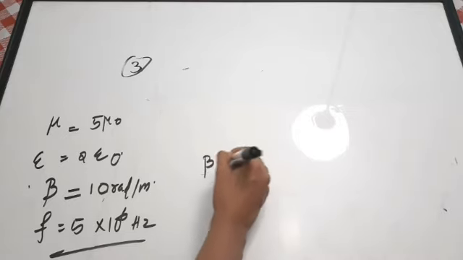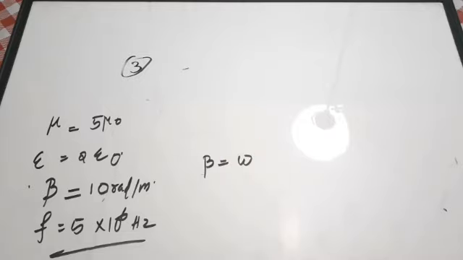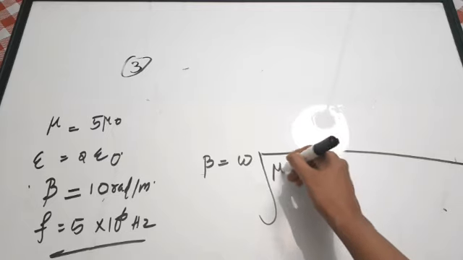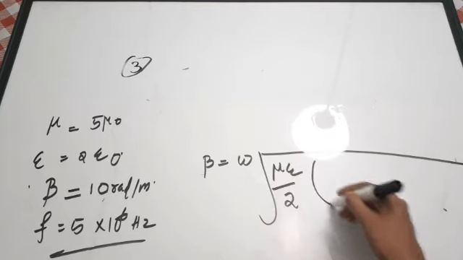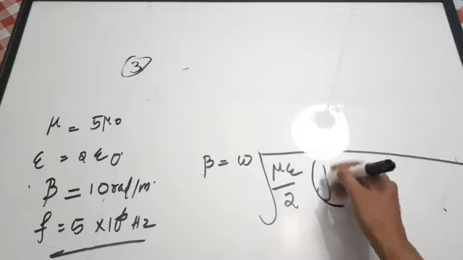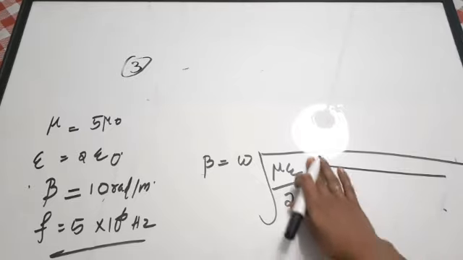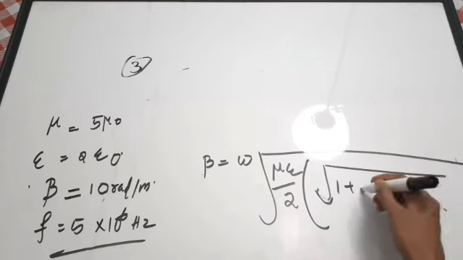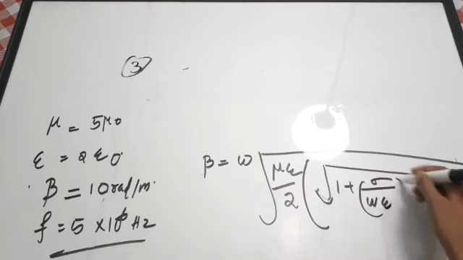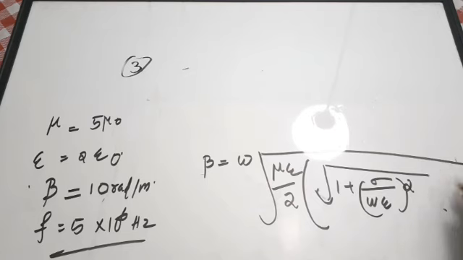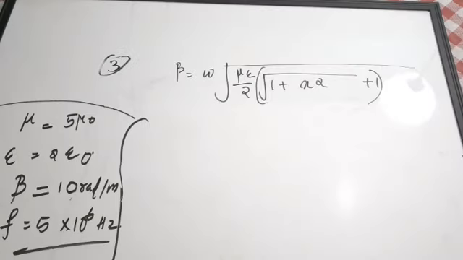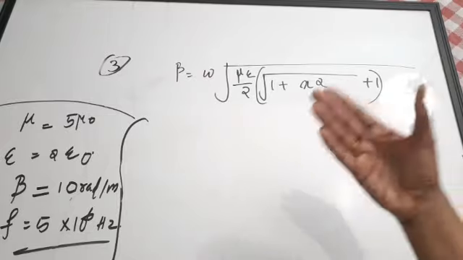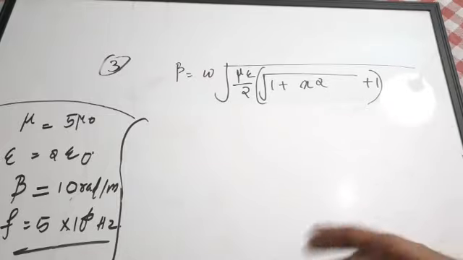Beta is equal to omega into square root of mu epsilon by 2 into square root of, inside also there is a square root of 1 plus (sigma by omega epsilon) square, plus 1. So this is the equation for the phase constant beta, and I'm going to substitute the values of the given variables into this equation.